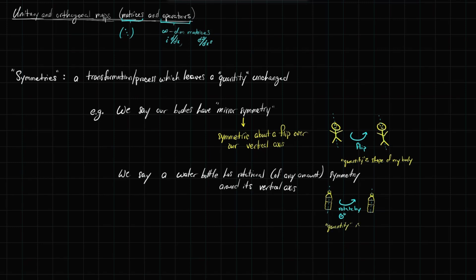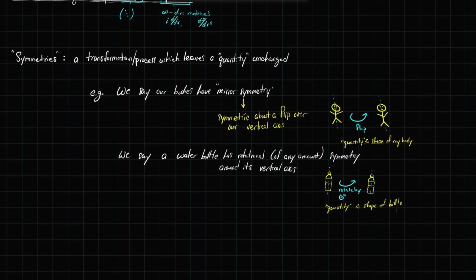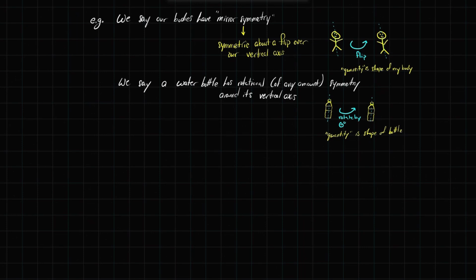But we do often use the word symmetries for non-shape objects. So actually the physicists would go so far as to say that laws like conservation of momentum is a symmetry.